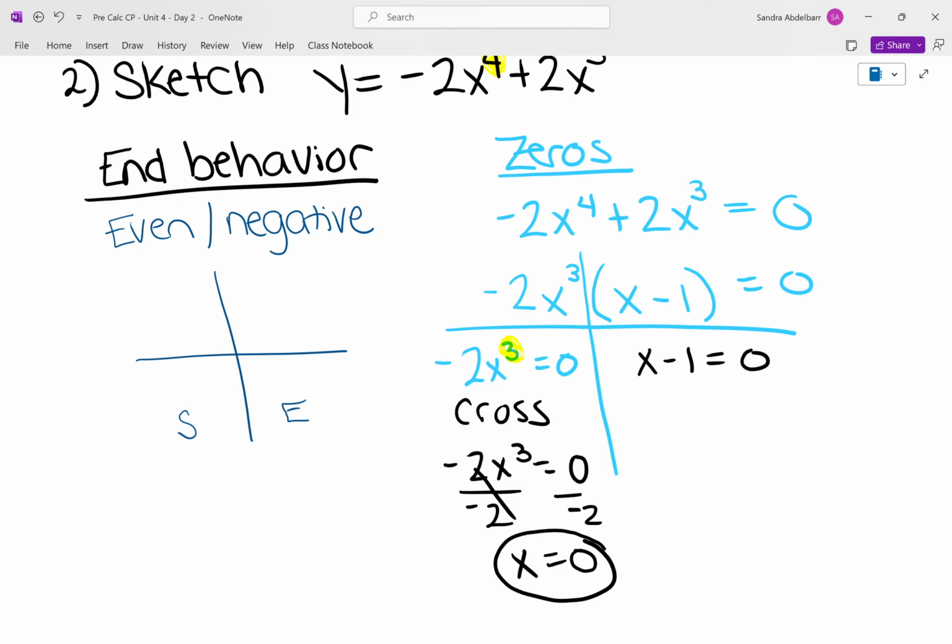And then we're going to have x minus 1 equals 0. Again, are we even or odd? Odd. So it again is a cross. And this time, where is it going to cross? At x equals 1.